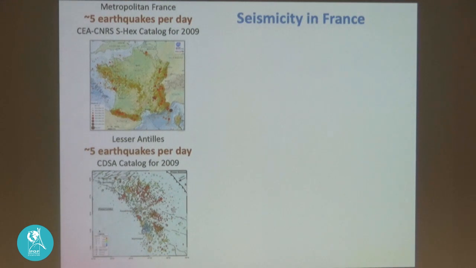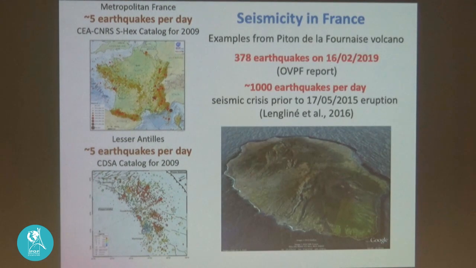We could think that there are more earthquakes reported in the Antilles subduction zone, but actually from their catalog we have approximately the same number. Now, if we try to compare this with the French volcano Piton de la Fournaise, here are a few examples. Again, I could not find a complete catalog; it is not easily accessible, but this is just an example from one of the latest observatory reports a few months ago.